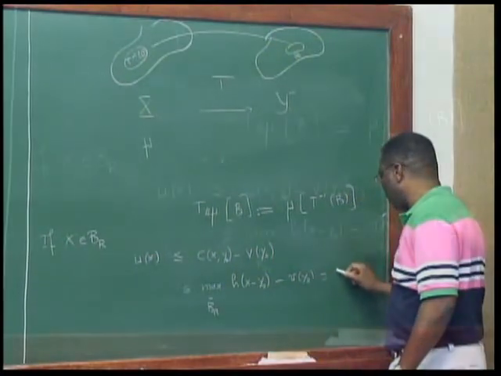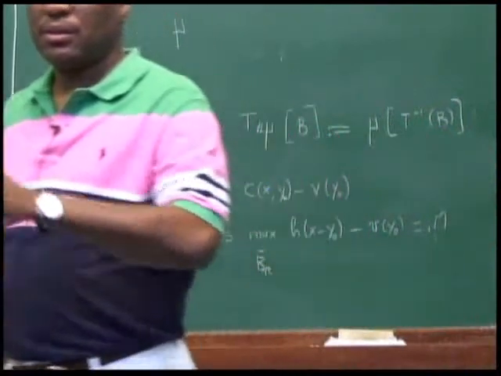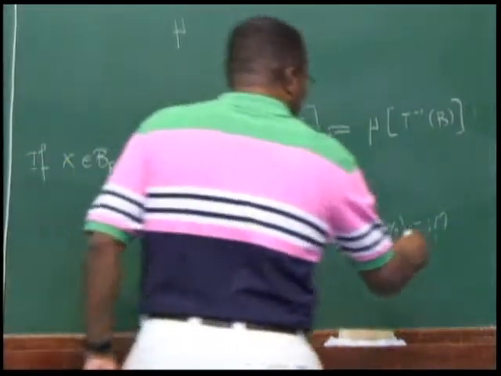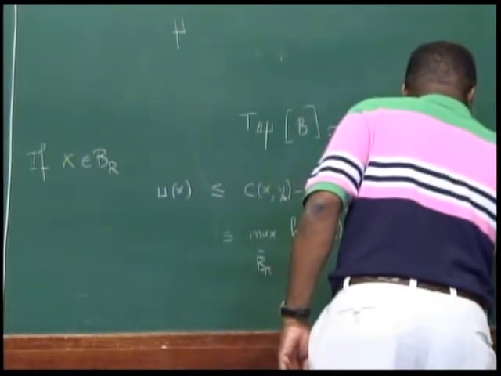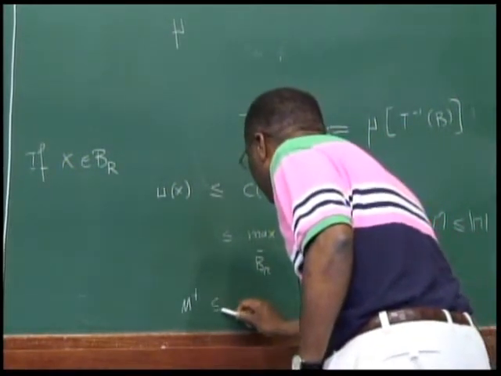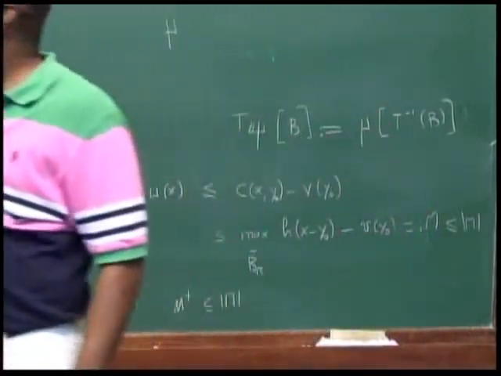And I call this constant m. Okay. So I fix any y naught, I maximize over x, and I get a number which is finite. This is less than the absolute value of m, which implies that u plus is less than the absolute value of m.